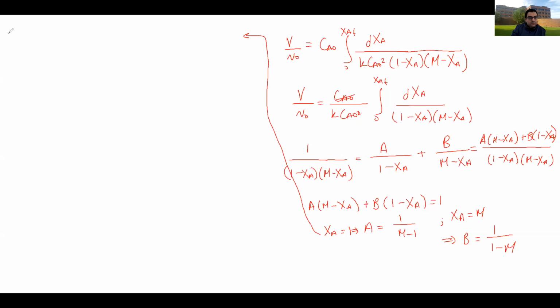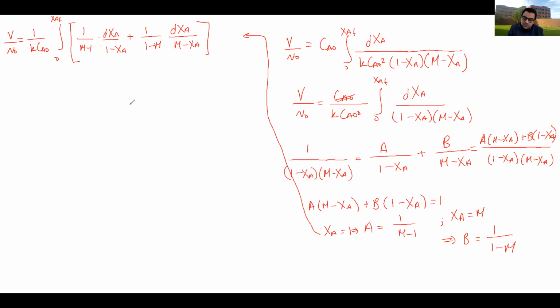So now I'm doing this: V over V naught is equal to 1 over K CA naught integral of 0 to XAF of A over 1 minus XA, so it's what? 1 over M minus 1 multiplied by dXA over 1 minus XA plus 1 over 1 minus M of dXA divided by M minus XA.